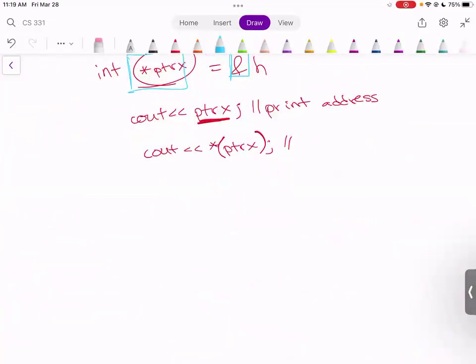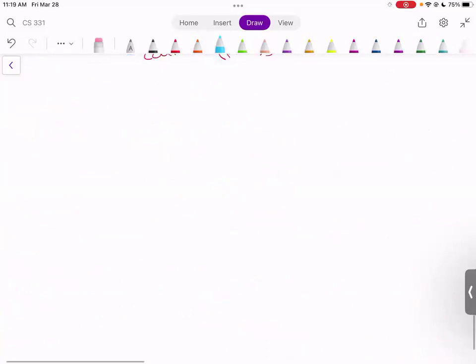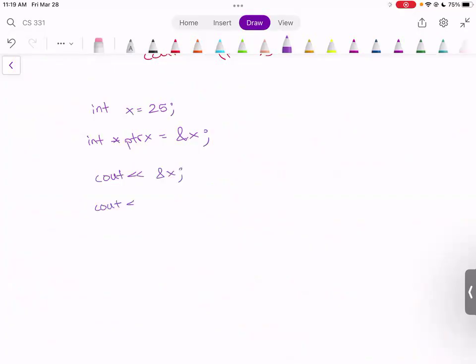Exactly. So here I have an example for you guys, and we can run it. I think this will give you more clarity. int x = 25. int *ptrx = &x. Then cout x, cout ptrx, cout &ptrx, and cout *ptrx.